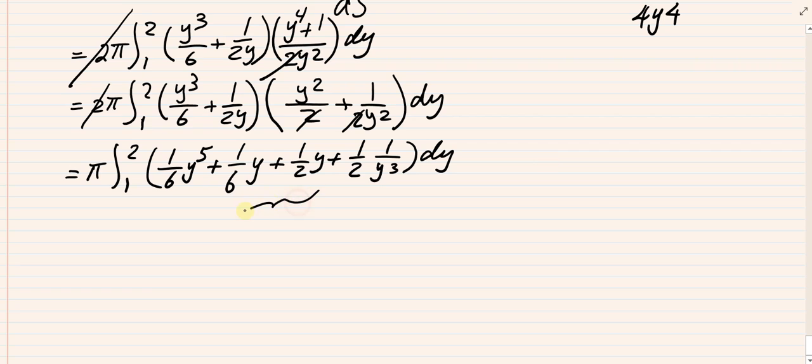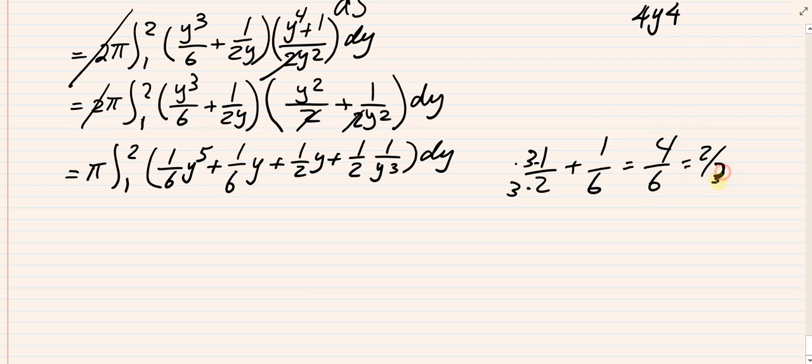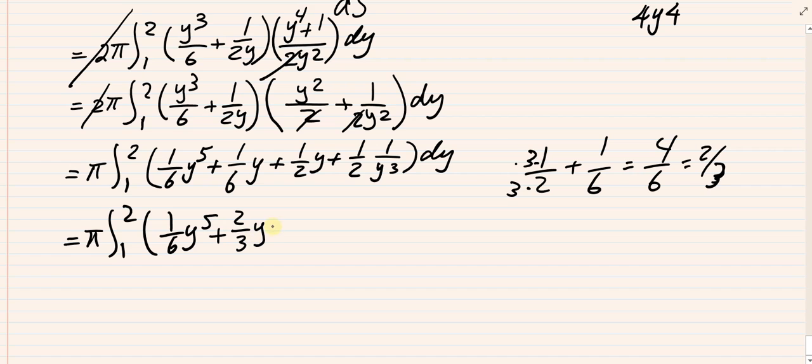Okay, now these two combine, 1/2 and 1/6. A 1/2 and 1/6 combine to 3/6 and 1/6, or 2/3, right? So this is going to be pi integral from 1 to 2 of 1/6 y to the 5th plus 2/3 y plus 1 over 2y cubed dy.